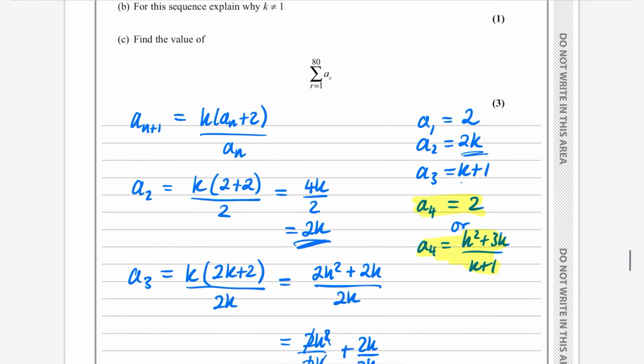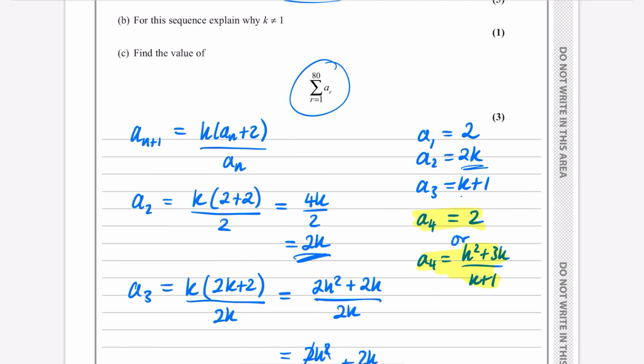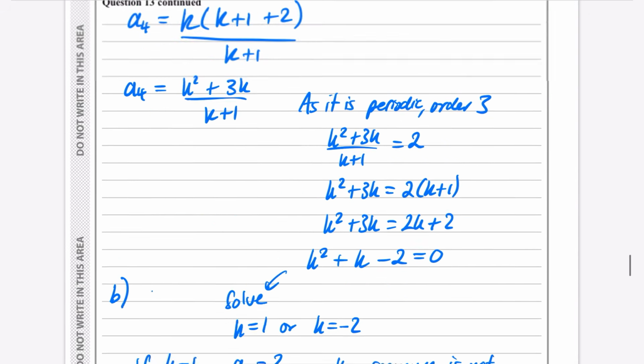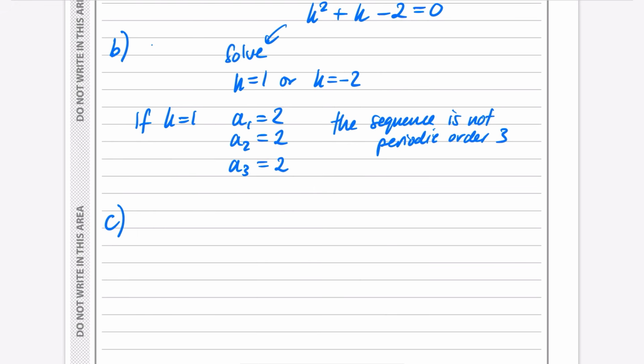So we're now going to try and find out the value of the sum from r equals 1 to 80 of AR, and we know that k is equal to minus 2. This means we're going to be doing A1 plus A2 plus A3 plus A4 all the way up to A80.